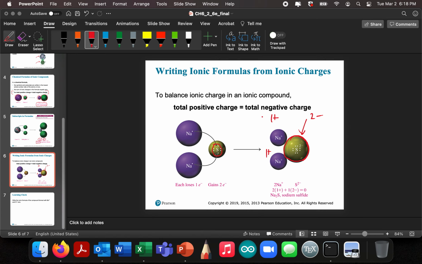The positives and the negatives have got to match up, so it's going to take 2 sodiums to evenly match up with that 2- sulfide. Really, the term we're looking for is the lowest common multiple. We don't need that term, I guess, but that's what we're doing.